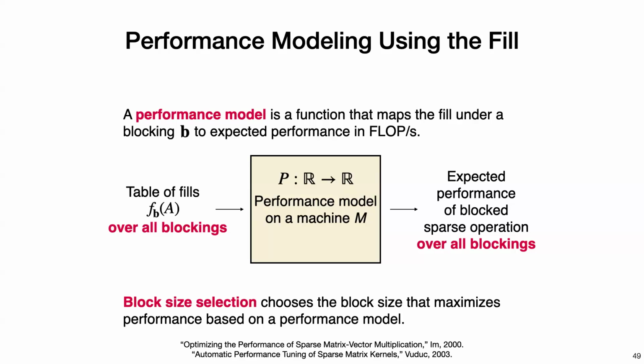It's easier if you were only interested in one of the blockings, like 2 by 2 or 4 by 4, but actually you want all of them, usually up to 16 by 16, to choose the correct form. You plug it into this performance model on a given machine, and ideally you get out the expected performance of blocked sparse matrix vector over all possible blockings. Then you would choose the max to decide which block size to use.